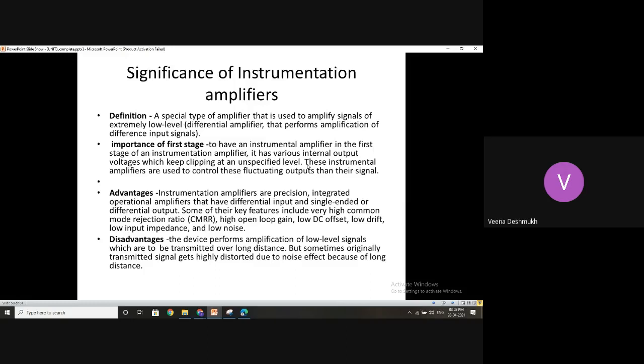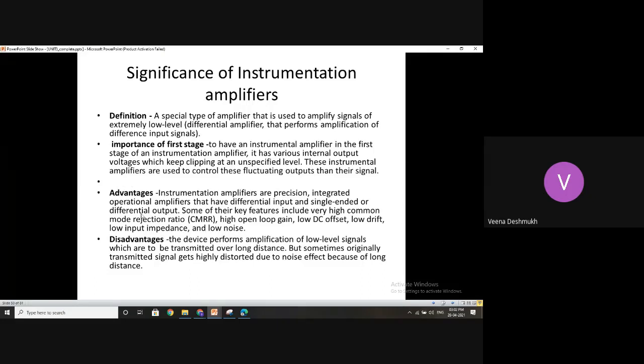As a result of this, the output which comes out of this first stage is a pure or near pure signal which doesn't have any spurious noise signals. When you don't have any spurious noise signals, it is very easy to amplify this signal and get the desired output, which can be fed very easily to the next stage, usually an analog to digital converter.